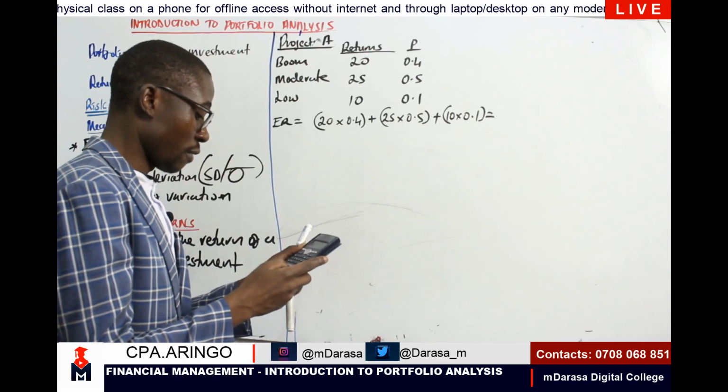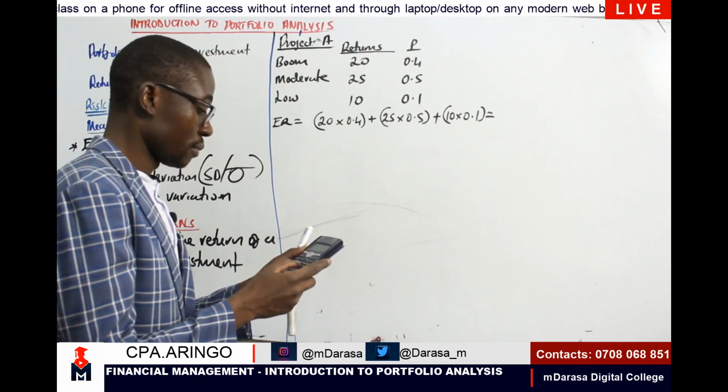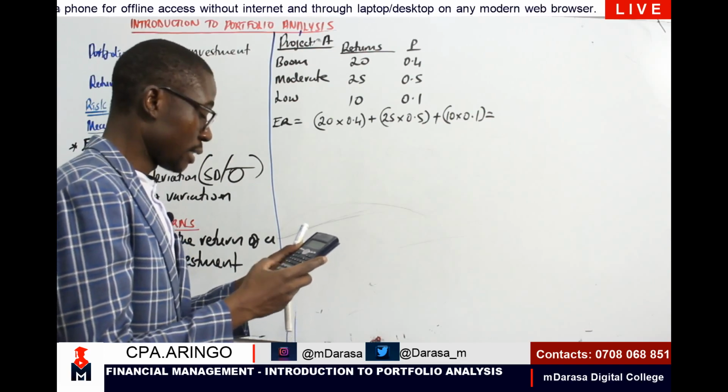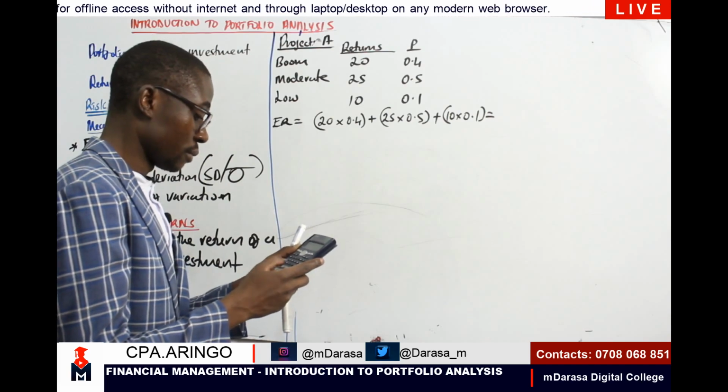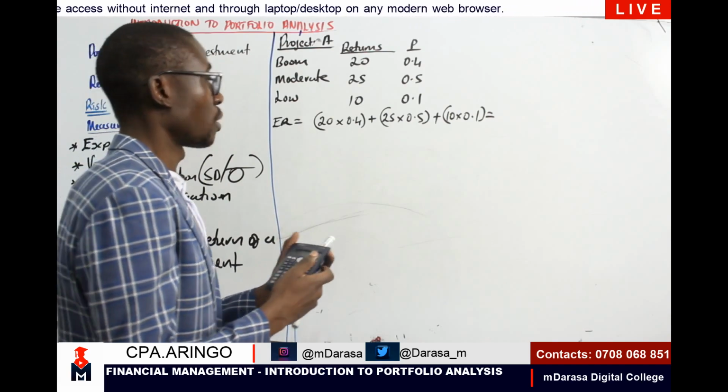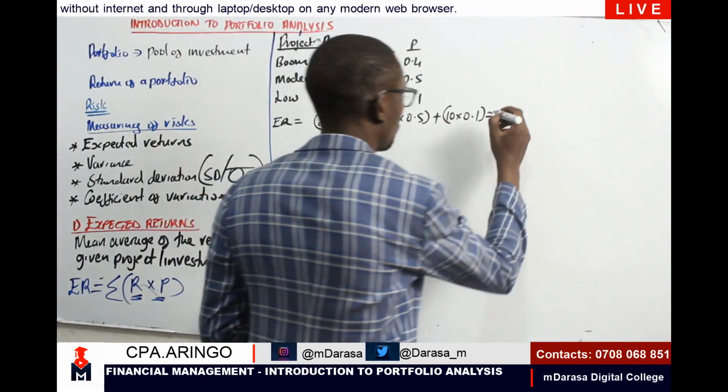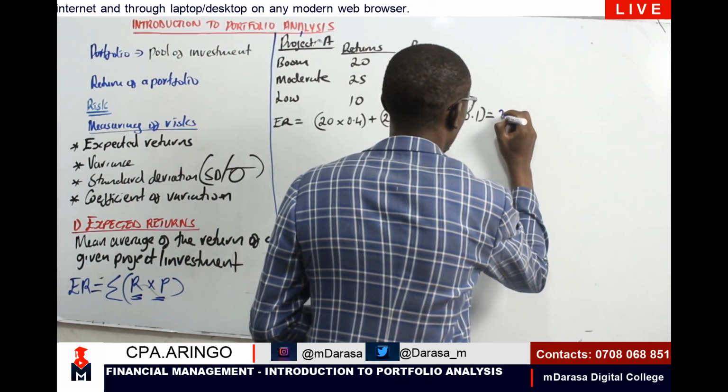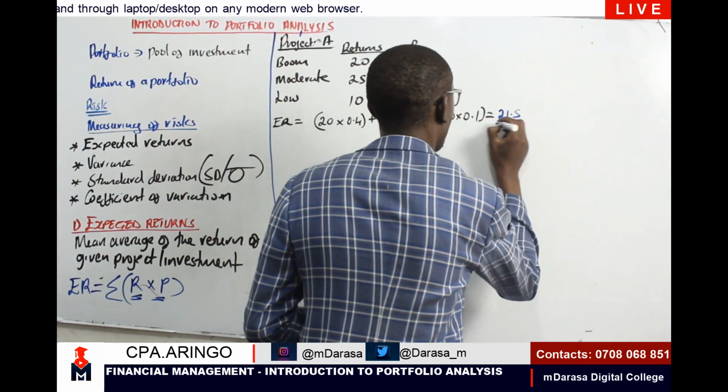We add 25 by 0.5, and we add 10 by 0.1. Of course, that should give me 21.5. So my expected return is 21.5.